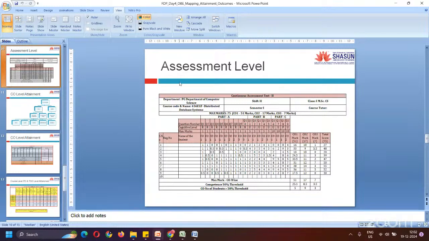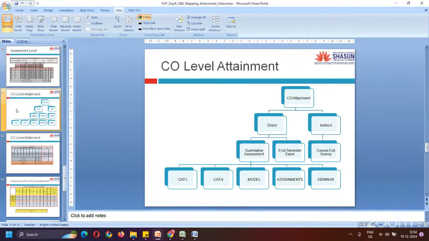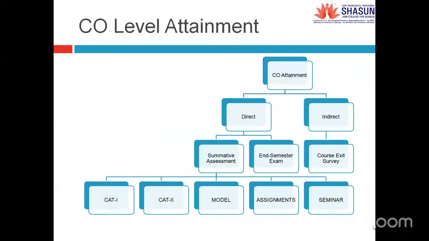Yes. So, next we have the course level attainment. For the entire subject, how will I be calculating the course level attainments? Usually there will be two different types of course level attainments. One is direct attainment and the other we call indirect attainment. Indirect attainment is nothing but at the end of your subject, you're supposed to conduct a survey based on your outcomes.